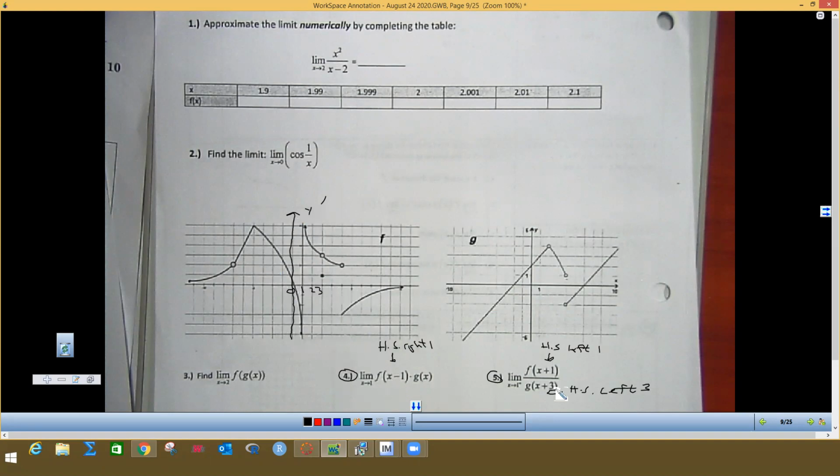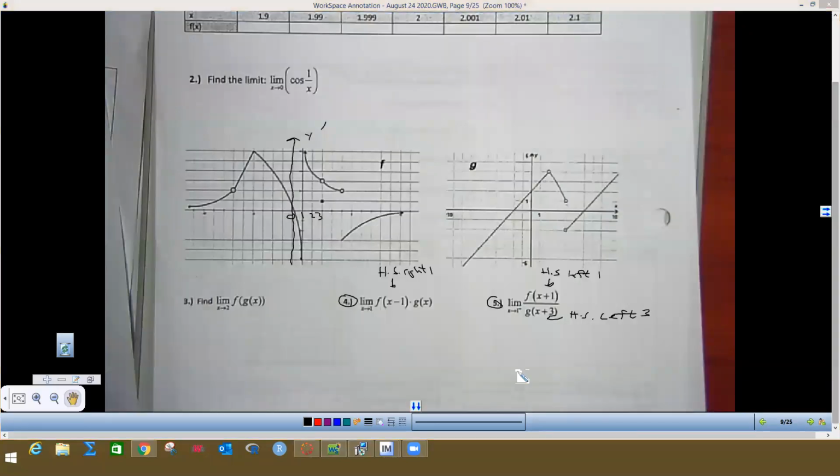Now that looks like we may not have an answer on this one, but we're going to do the limit from the left of this thing. So I have to do the limit as x approaches 1 from the left. So let's see, this is going to negative infinity is what it looks like.